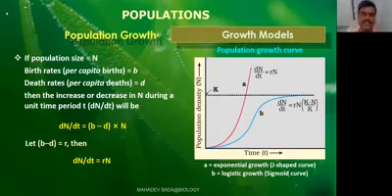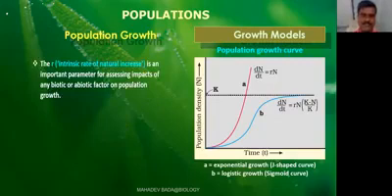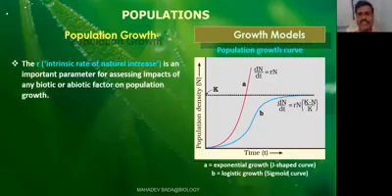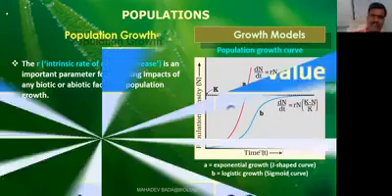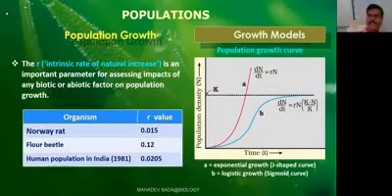Let b minus d equal r, the intrinsic rate of natural increase. Then dN/dt becomes rN. This r is an important parameter for assessing the impacts of any biotic and abiotic factor on population growth. This is the formula for calculating the exponential growth curve.